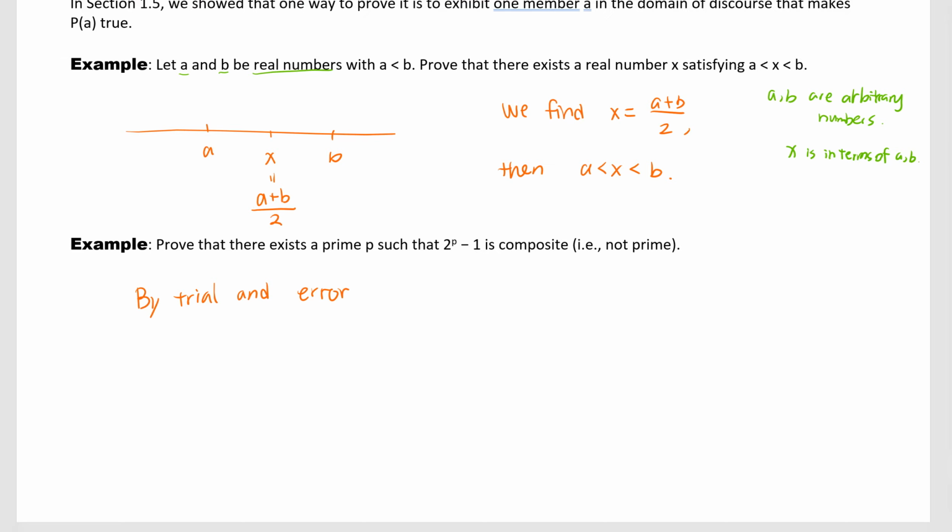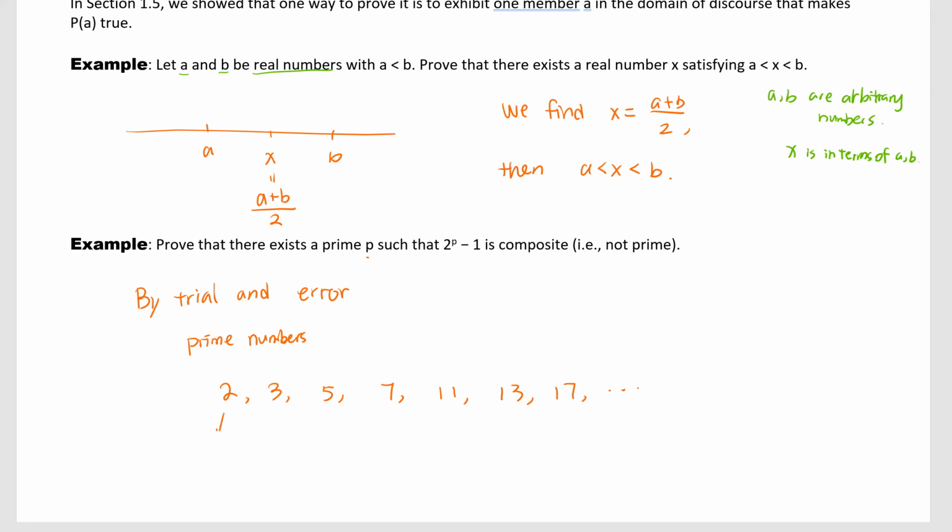First of all, p is a prime. So what are the prime numbers? Well, the prime numbers are 2, 3, 5, 7, 9 is not, 11, 13, 15 is not, 17, etc. Let's see whether those are the one. We want to figure out 2 to the p minus 1.